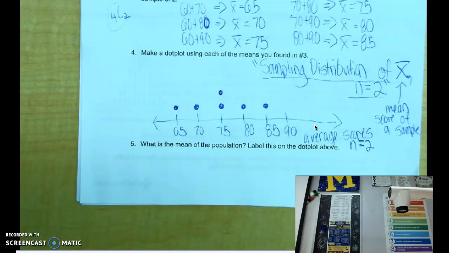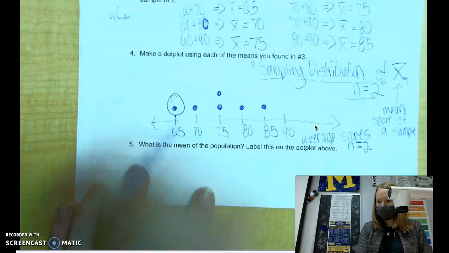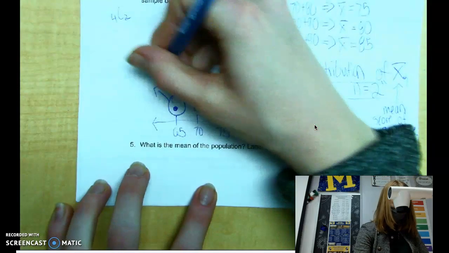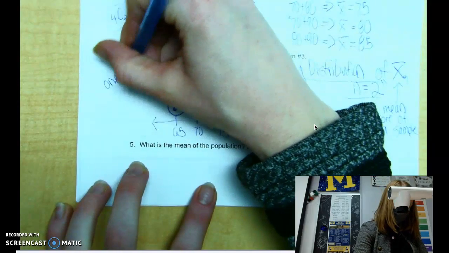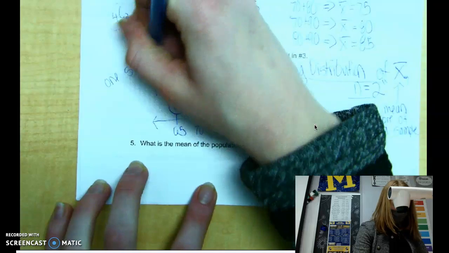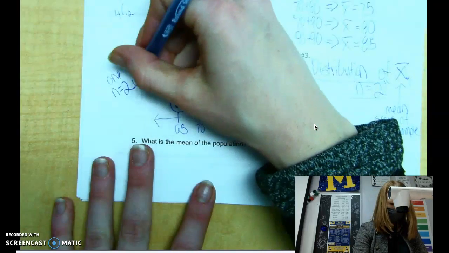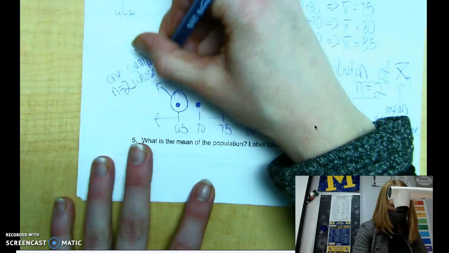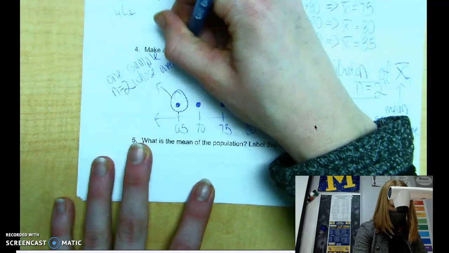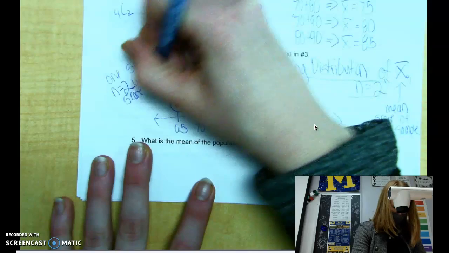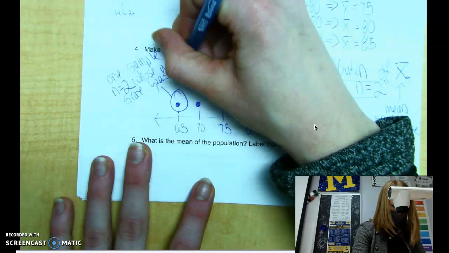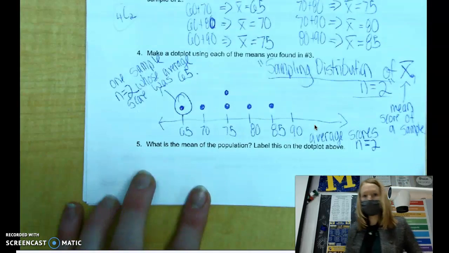So that's why this is represented by a sampling distribution. Remember, an individual dot represents, in this case, 1 sample of size 2 whose average score was a 65, right?